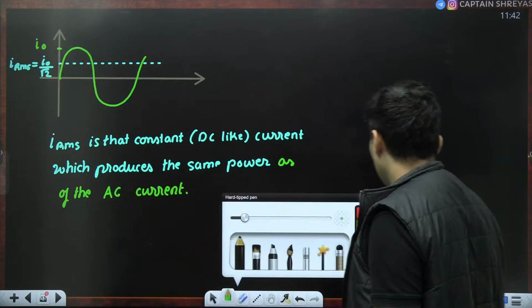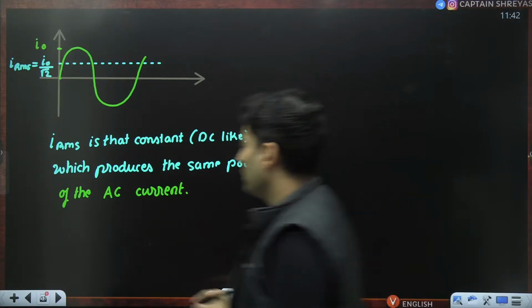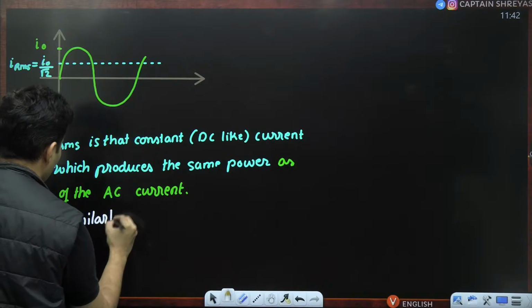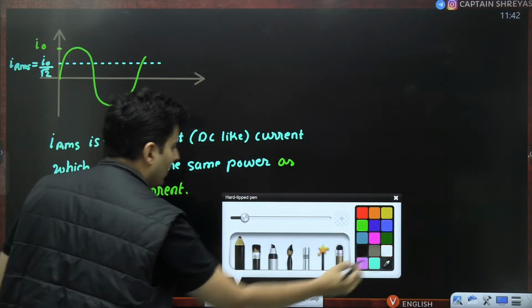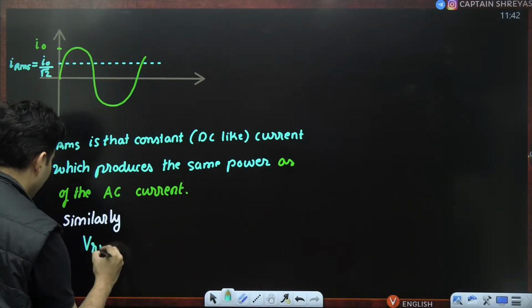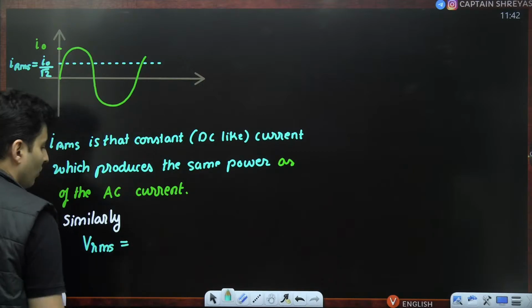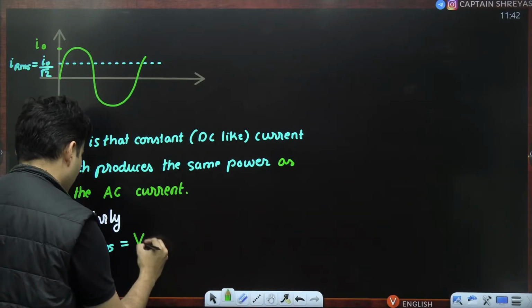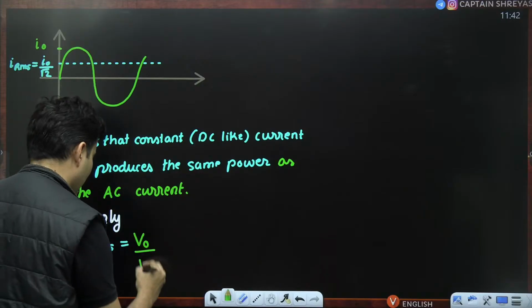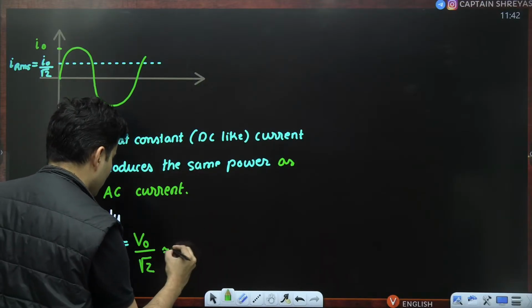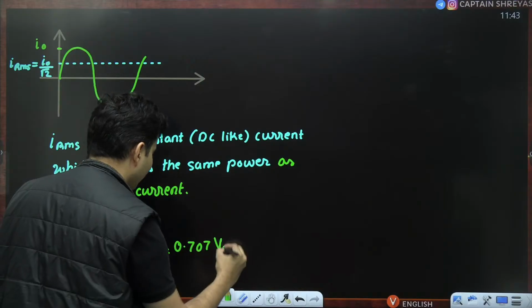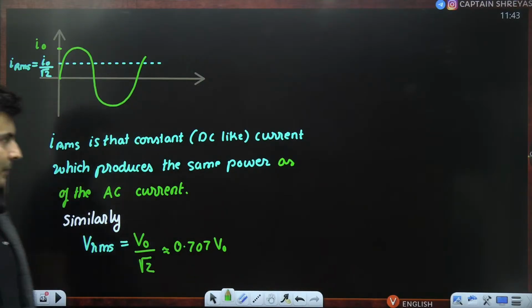Similarly, you can also say that our RMS voltage is nothing but our maximum voltage divided by root 2, which is approximately 0.707, roughly 70% of V naught.